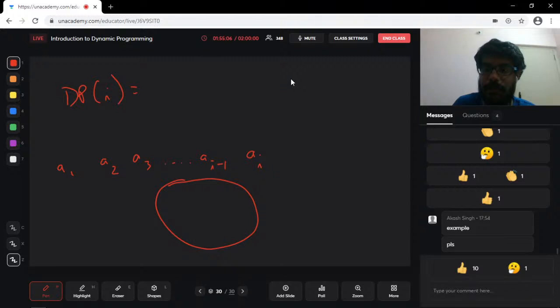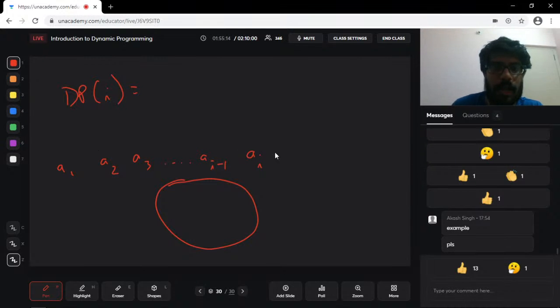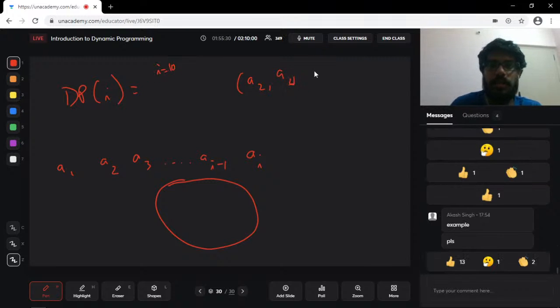Let's look at this concretely. I'm right now looking at all increasing subsequences which end at AI. Say I have one increasing subsequence, A2, A4, A7, A10, where I is 10.